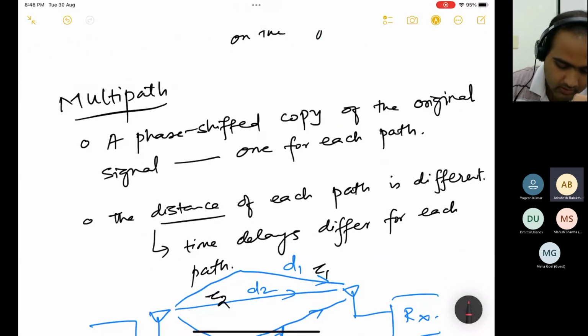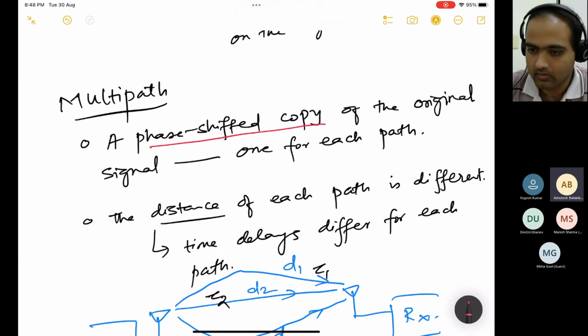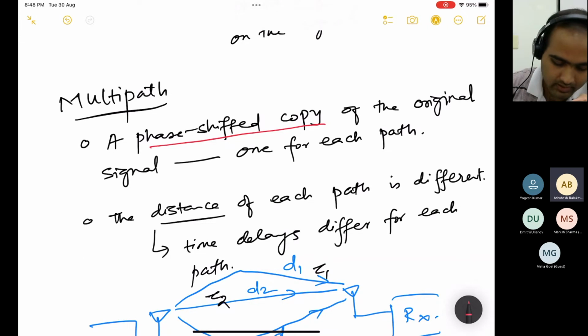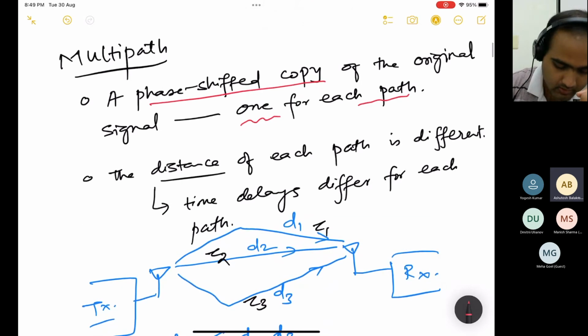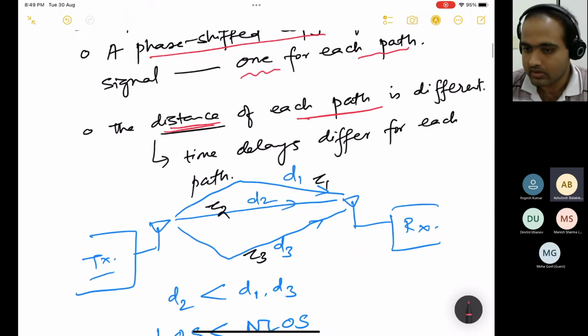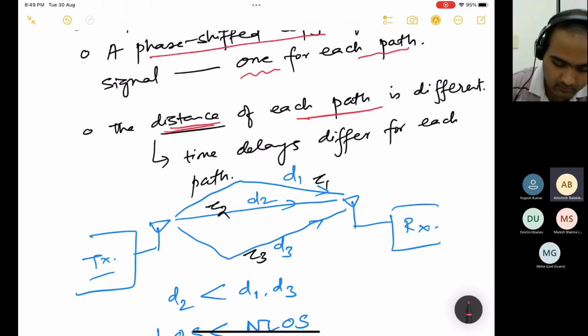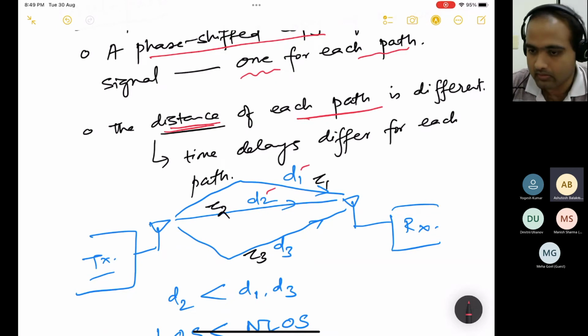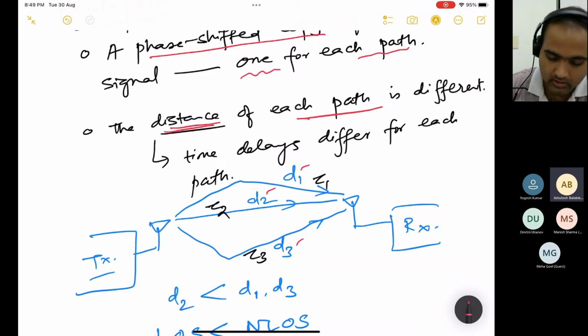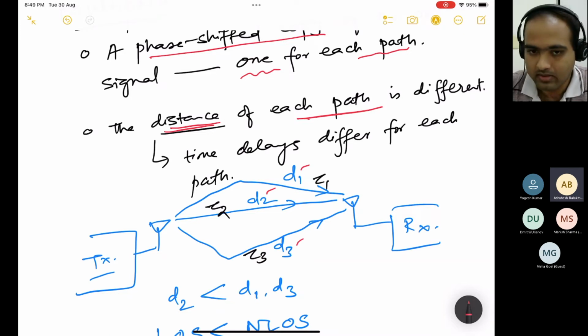So in multipath, a phase shifted copy of the original signal happens, and you have such a phase shifted copy for each path, right? And it should be noted that the distance of each path is different. Say for instance, path 1 has a distance d1, path 2 has some distance d2, similarly path 3 has some distance d3.